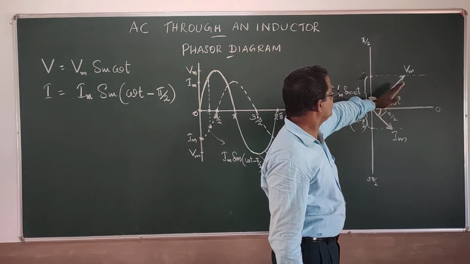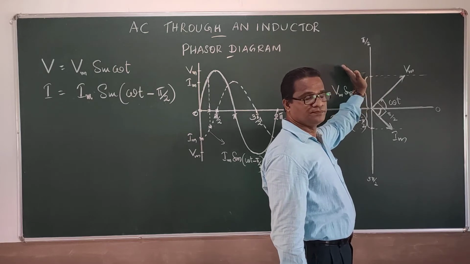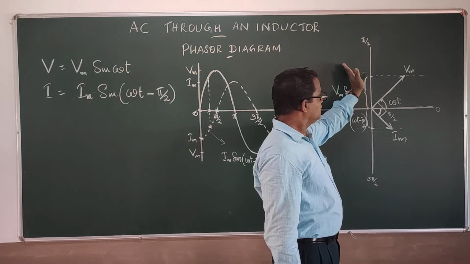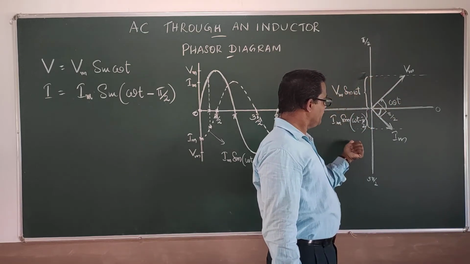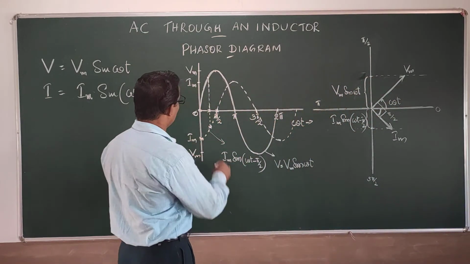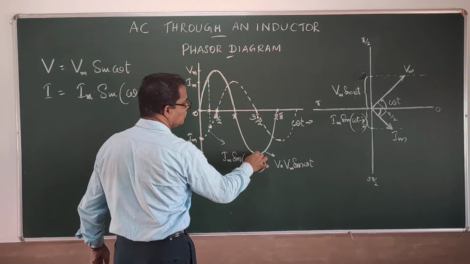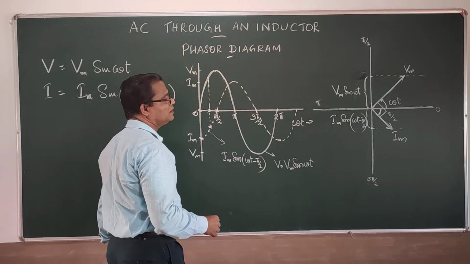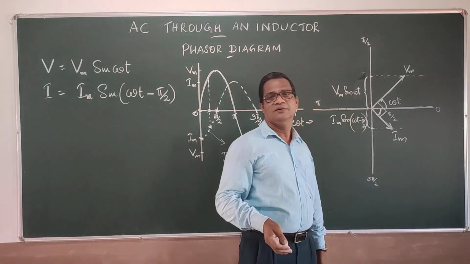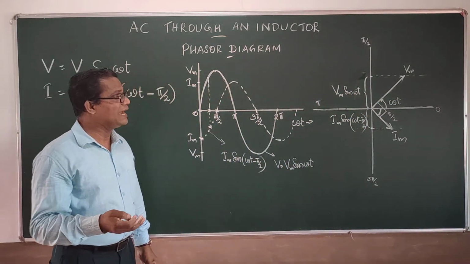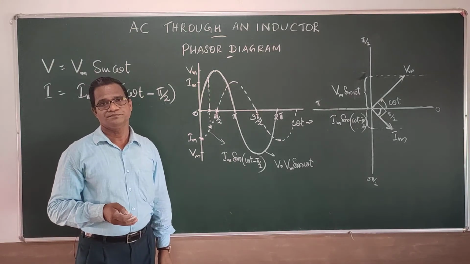So as the voltage goes like this to the second quadrant, then the current will come to the first quadrant like that. As it rotates, as the voltage wave completes one sine wave here, the current also goes one full wave, but with a pi by 2 angular difference there.